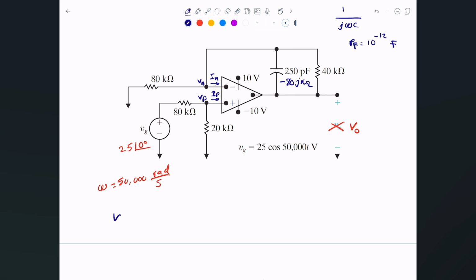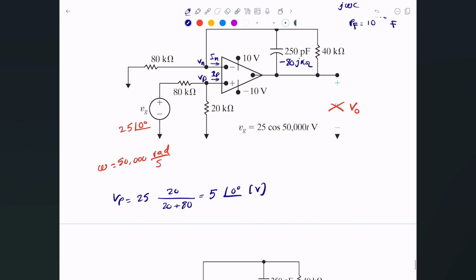So V of P is simply VG, which is 25 times 20 divided by 20 plus 80, basically 20% of the 25. Which happens to be 5, and the angle is 0, and that's in volts. And of course, V of N is the same as VP, and it is 5 volts as well.